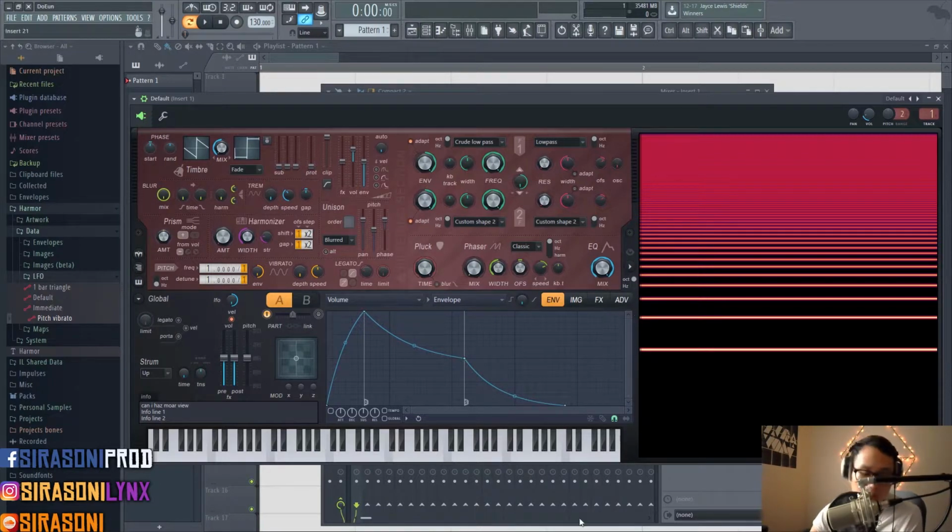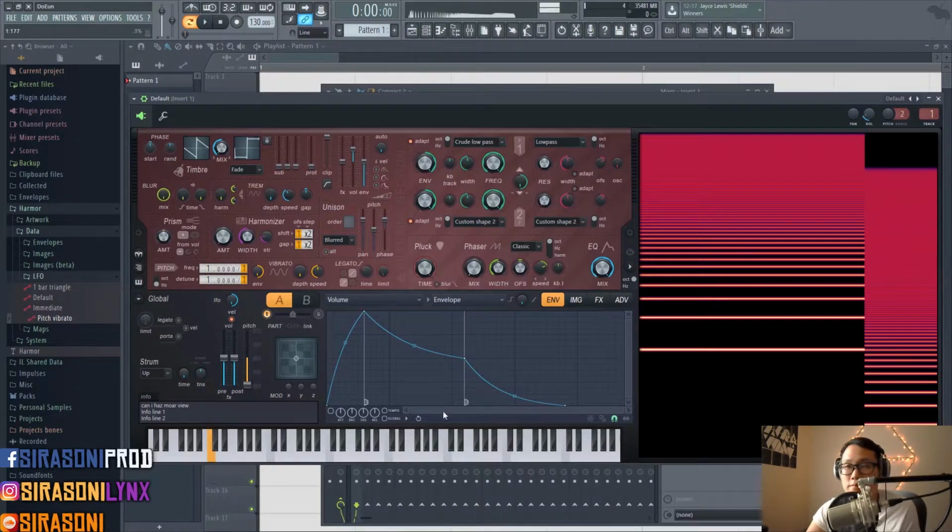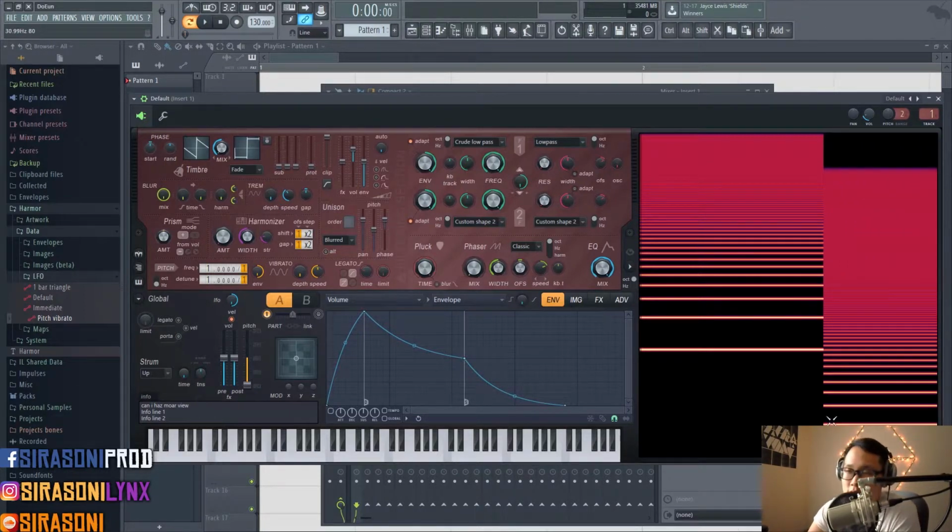But in Harmor, you can change this a little bit. Let me explain this in more detail so you can understand. If I play a low note in Harmor, can you see how the harmonics get squished all the way up? This is because of the octave distribution, the exponential distribution. So more notes are at the top as we go up.